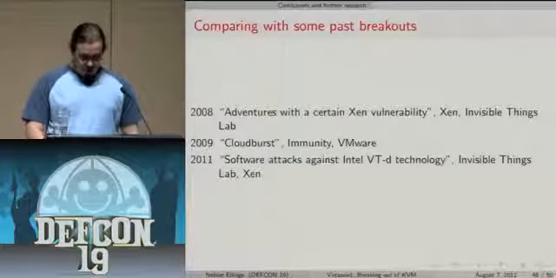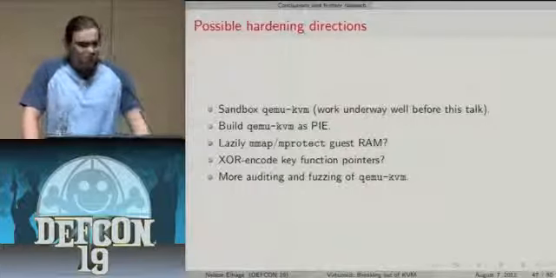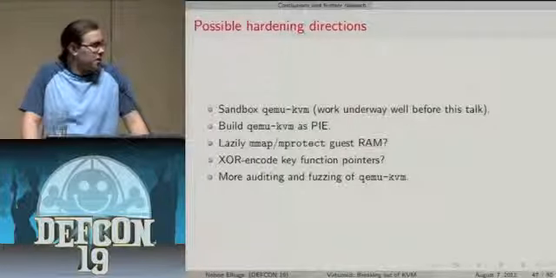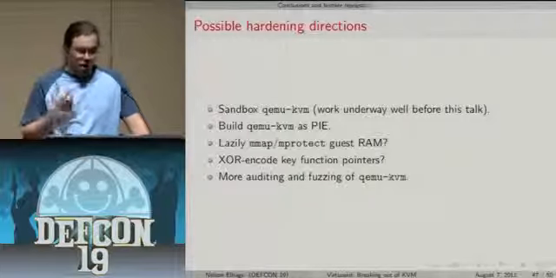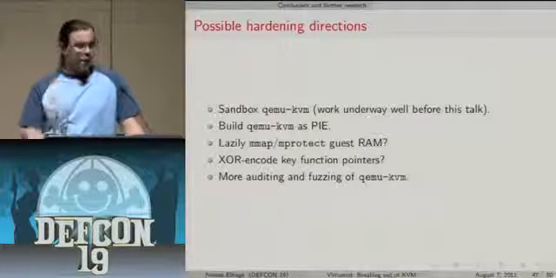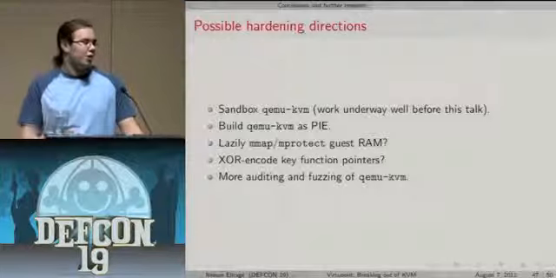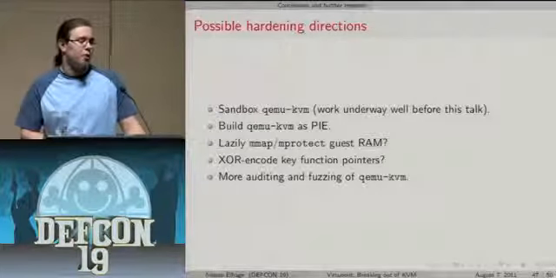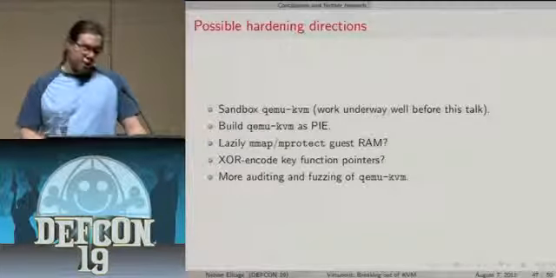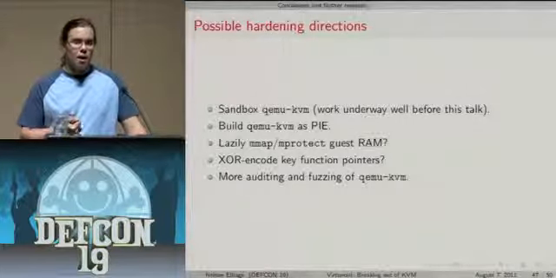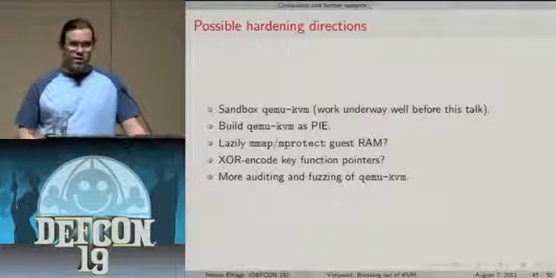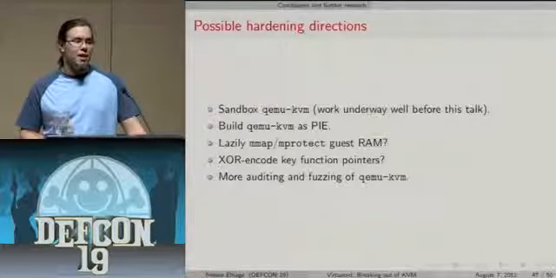So those are some conclusions. Further work that I want to see done and that I'm going to be pursuing is in hardening KVM. The first takeaway is that you absolutely should be sandboxing QEMU KVM if you're running it in a production environment. Fortunately, if you're running it at least under Ubuntu or Red Hat via libvirt, they are already sandboxing it using SELinux and AppArmor.